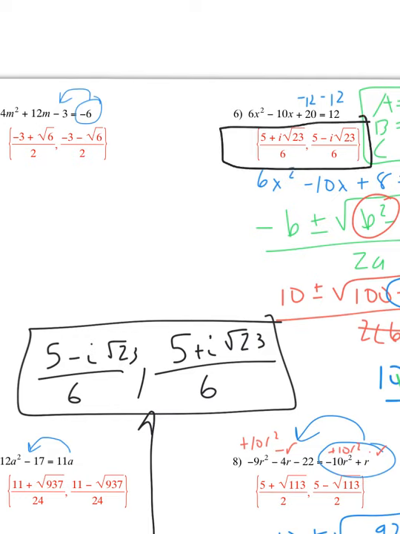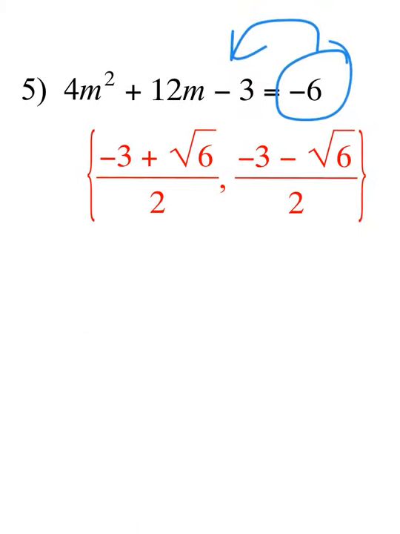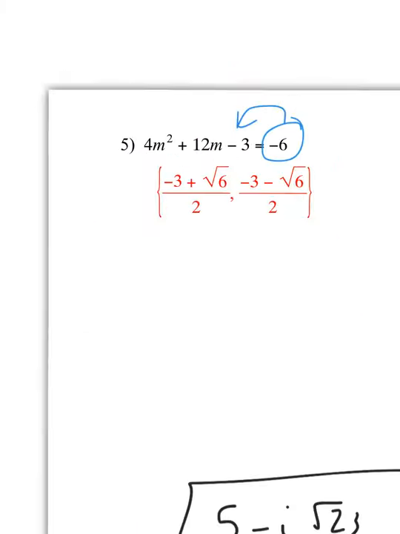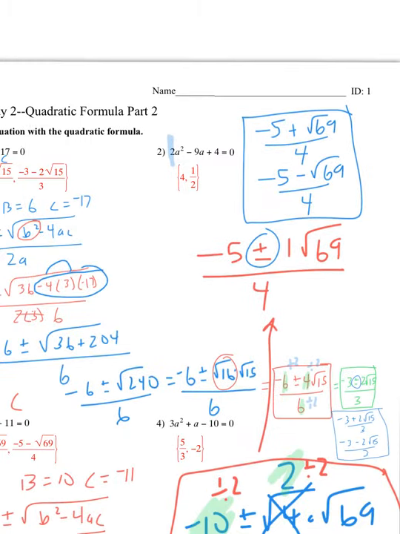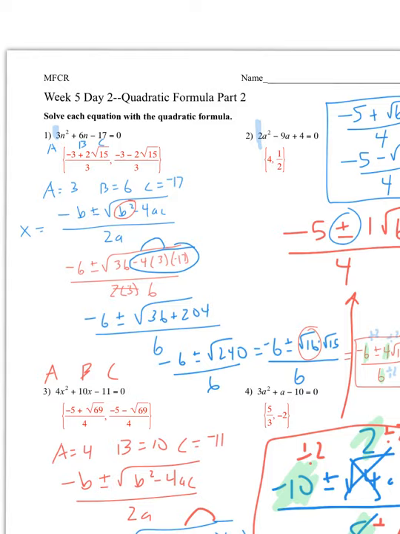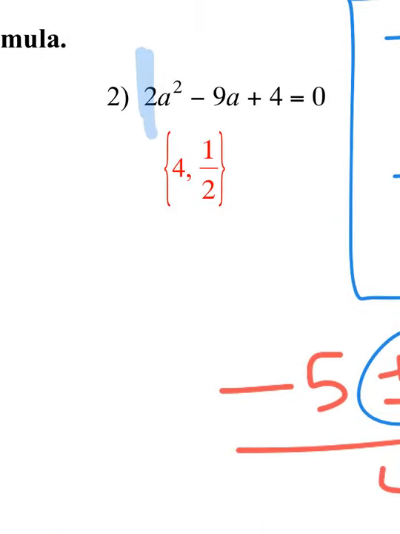Okay? So, do not be discouraged when you get an answer that has an i in it or a square root in it that is not a perfect square. As you can see, this happens. The reason why there is the quadratic formula is because not every problem can factor. If your answer has 2 numbers that are rational numbers, like number 2, that means that it could have been factored.